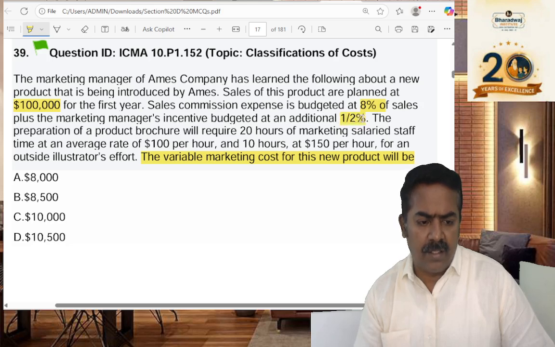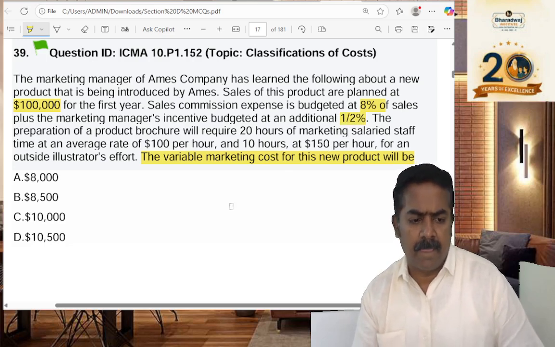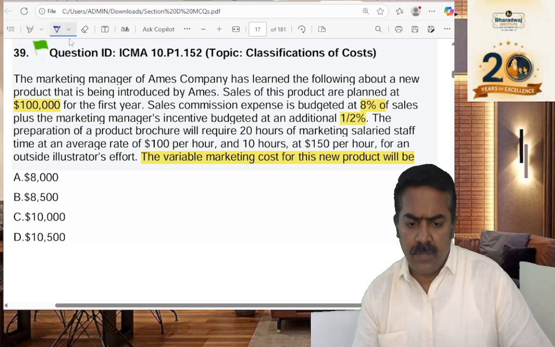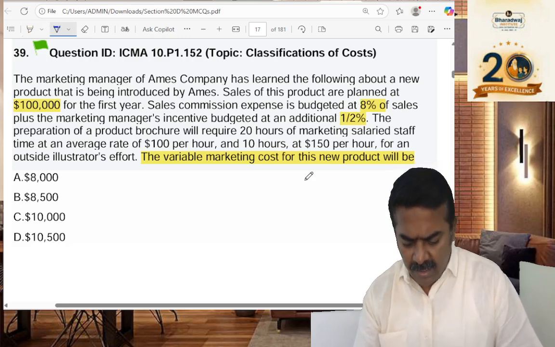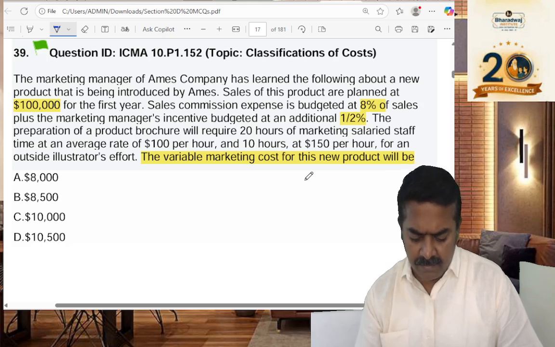Incentive will be half percentage, additional half percentage. 8,000. So, think. They ask you marketing cost of the new product category. Variable marketing only.